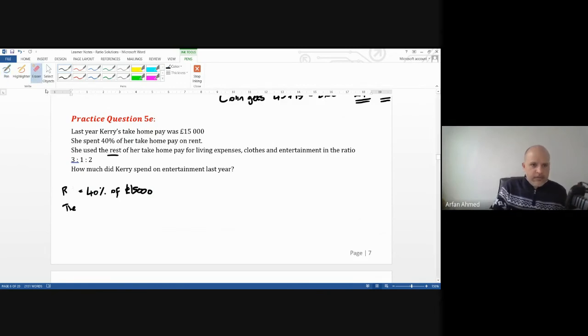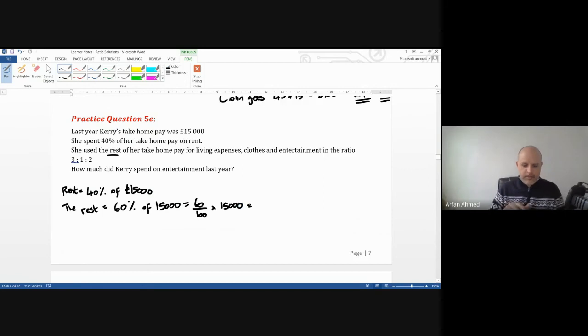The rest is equal to 60% of 15,000. Let's work that out first. 60% of 15,000 is 9,000.